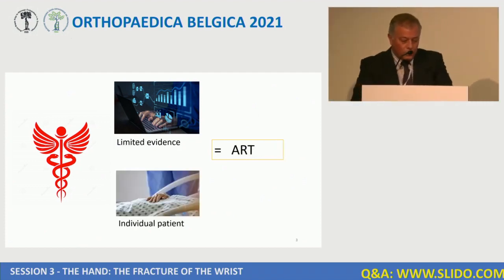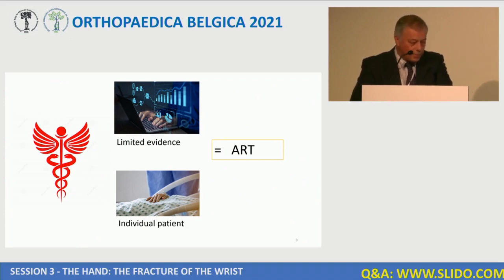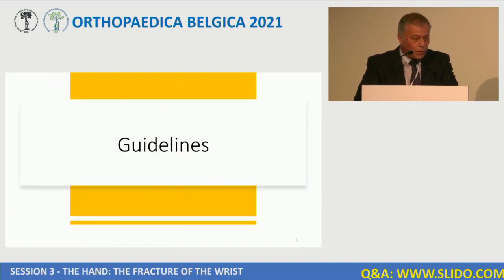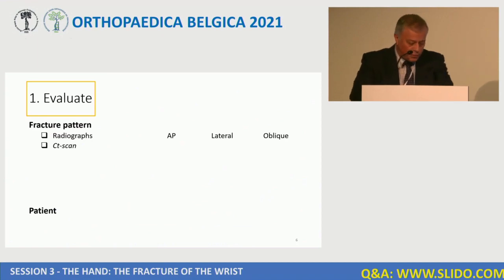However, despite the large number of studies carried out on distal radius fractures, there is little evidence, in particular because the best treatment proposals can vary greatly depending on the patient group you treat. Medical science then becomes an art: the art of providing the right treatment for each individual patient. Here are some guidelines for working toward this goal.